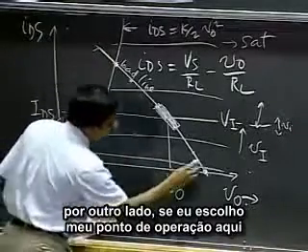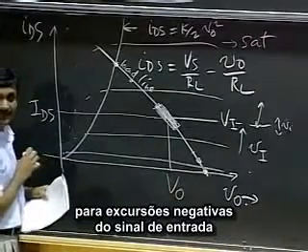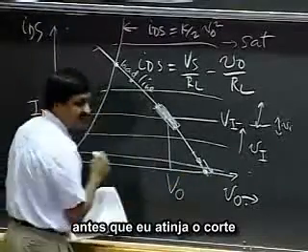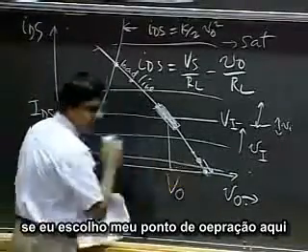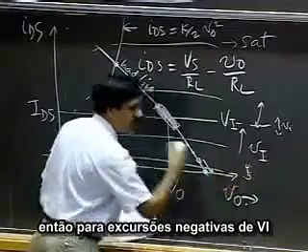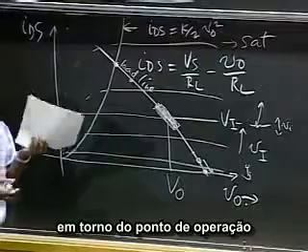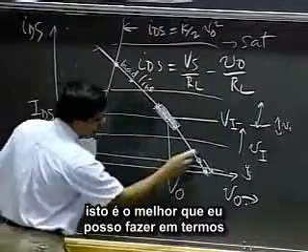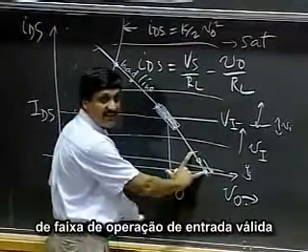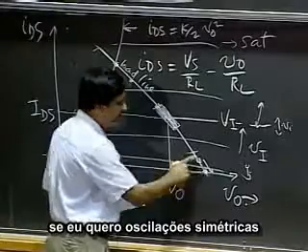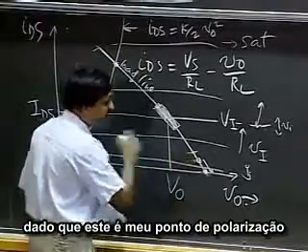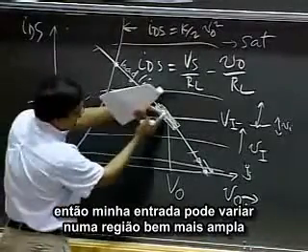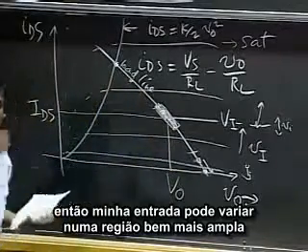On the other hand, if I choose my operating point to be here, for negative excursions of the input signal, I have a very small amount before I hit cutoff. If I want symmetric swings, then this is the best that I can do in terms of the valid input operating range, given that this is my bias point. On the other hand, if I very carefully choose my bias point somewhere here, then my input can vary over a much wider region and still get symmetric swings.